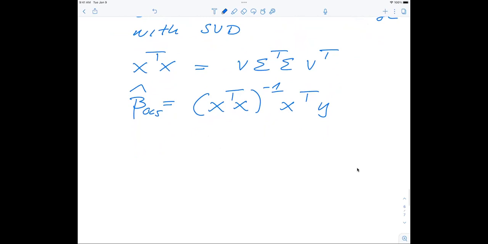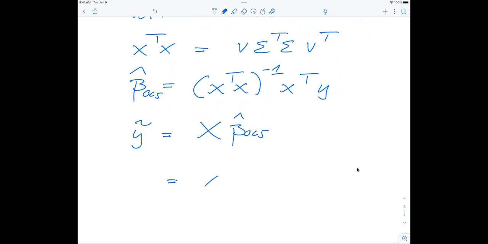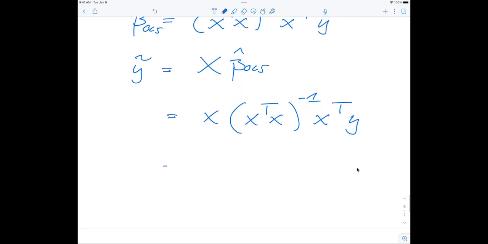Now what we can do next is to look at Y tilde, which is the same as X times this quantity here. And that is equal to X times X transpose times X minus 1 times X transpose times Y. I do the singular value transformation.